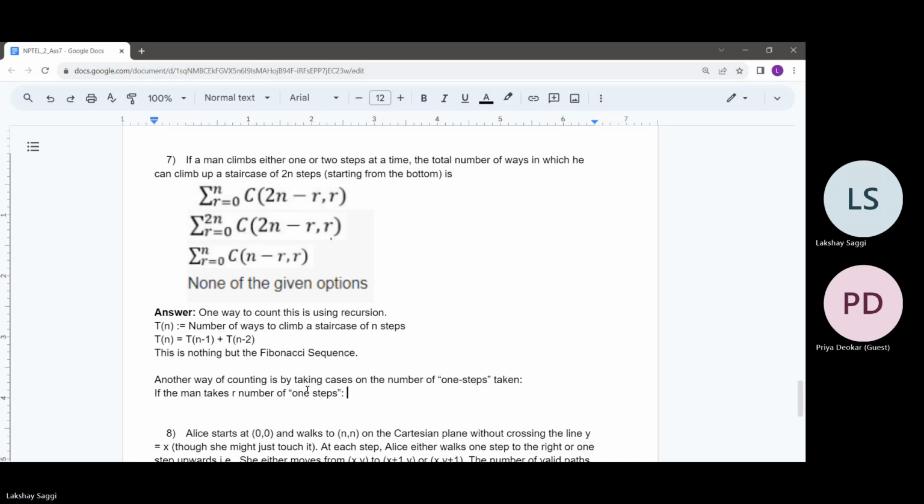This means the man had to climb 2n steps. So r steps were covered using one steps, and the remaining 2n minus r steps must have been covered using the two steps operation.